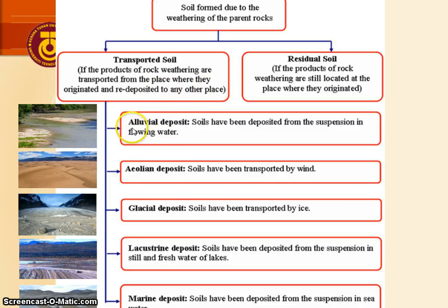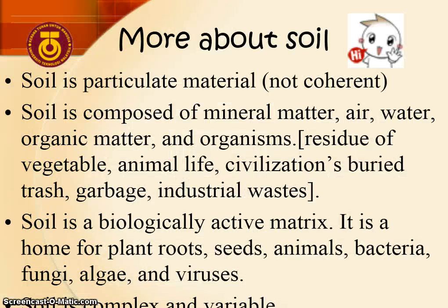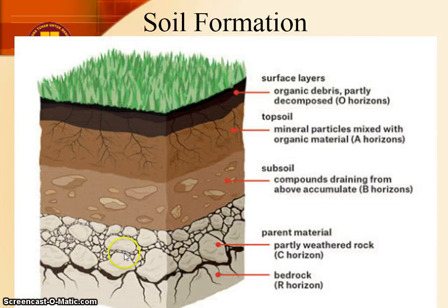So it can be alluvial deposit, aeolian deposit, glacial deposits, and the agent of transportation follows its type. And another type of soil is of course residual soil.